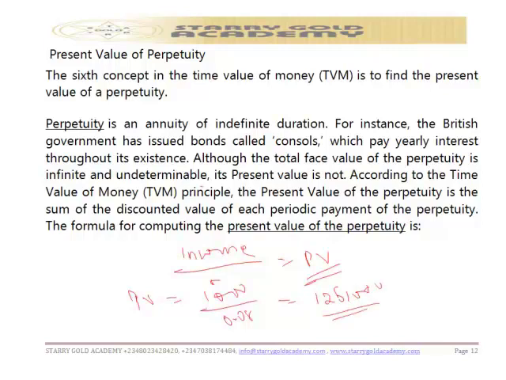So you just use the income and divide it by the rate. Whatever you get is the perpetuity value. That is what you pay for 1,000 perpetually.